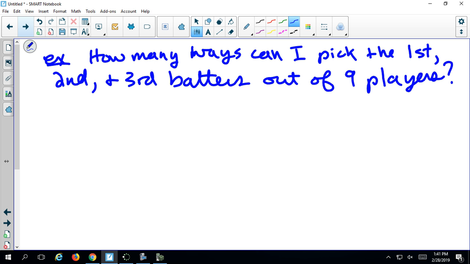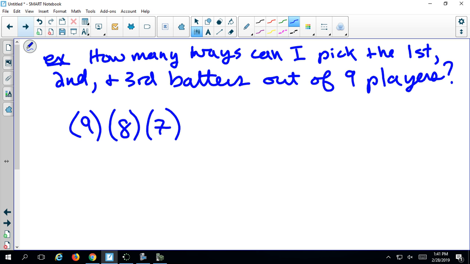So how many ways can I just pick the first, second, and third batters if I have 9 players? One way is to say, well, for the first batter I have 9 choices. For the second batter I have 8. For the third batter, I have 7, and I'm just going to stop.